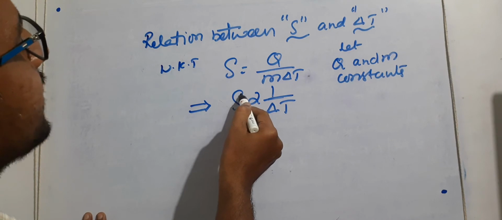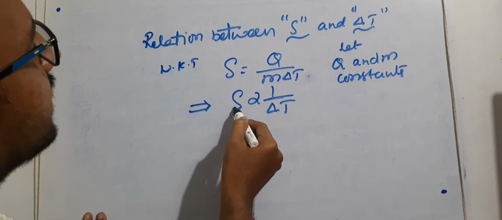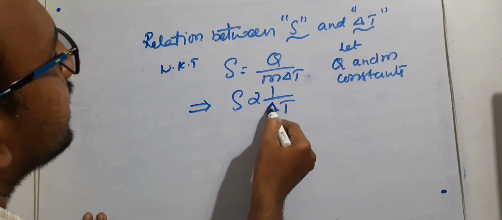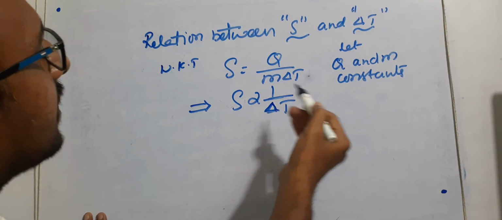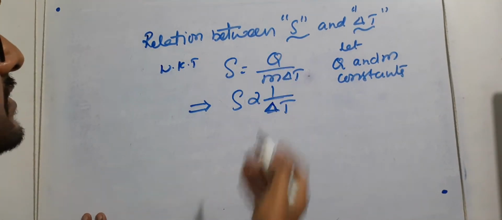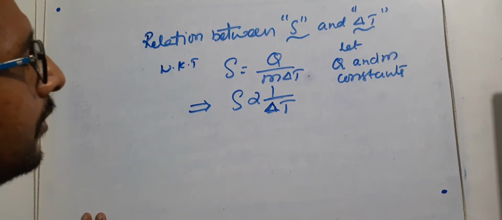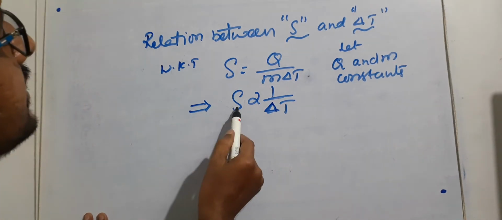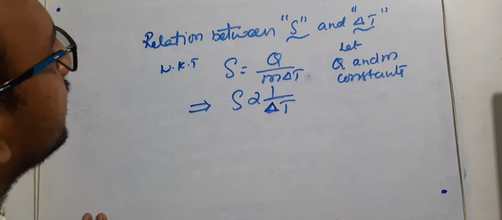That is why non-metals have higher specific heat. When we heat them or cool them, that is, rising the temperature or falling the temperature in non-metals will be slow. The reason for this is they have higher specific heat.